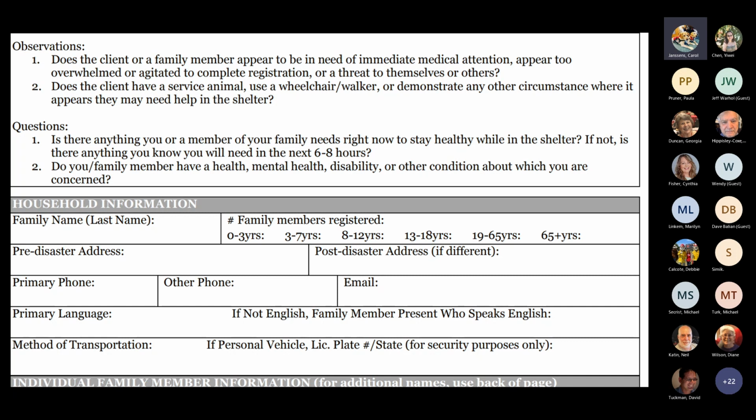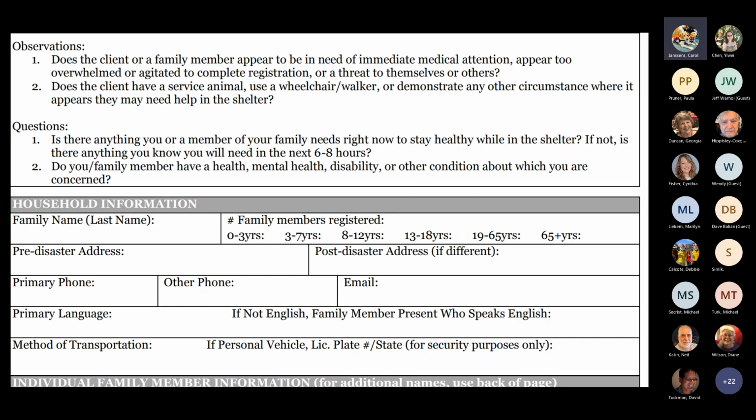I was also at another time where somebody came in, very shaky, and it was obvious that they needed help. So I was able to get them help right away. If someone needs immediate help, we're not going to fill out that registration form. We're going to get them the help they need and take care of the registration after health services or mental health or whatever has looked at them.